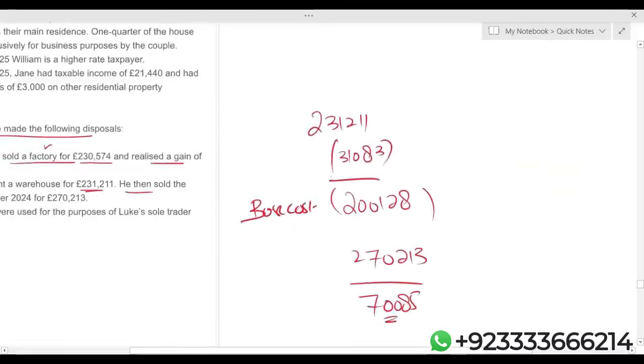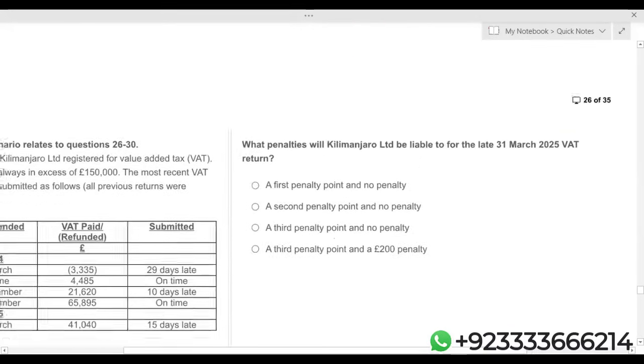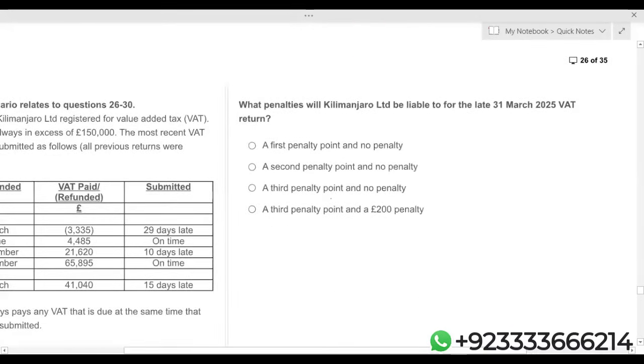Let's see. Now what do we have? What penalties will Kilimanjaro Limited be liable for the late 31st March 25 VAT returns?